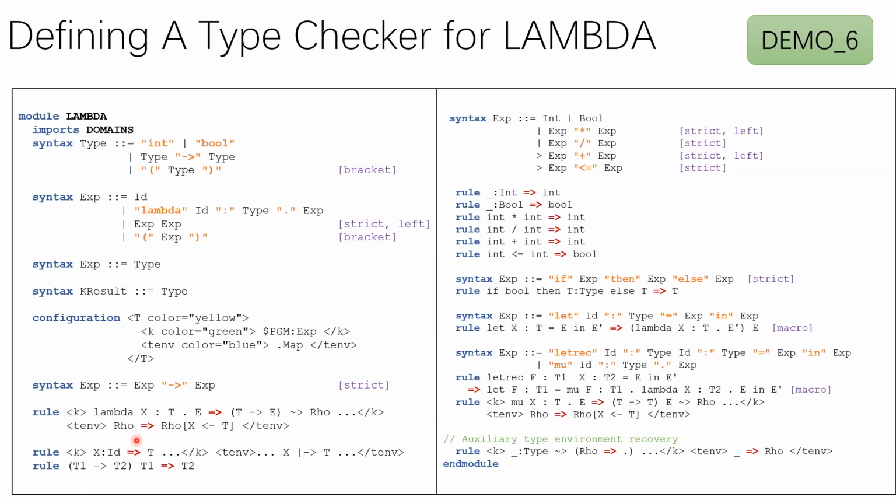So rho gets updated to rho where X is updated to T, and lambda x t dot e gets rewritten to the type T arrow E, followed by, this is a different arrow, followed by rho, and this rho is defined somewhere right there. That basically says that when you are done with evaluating whatever is before that rho, then don't forget to restore the type environment to rho.